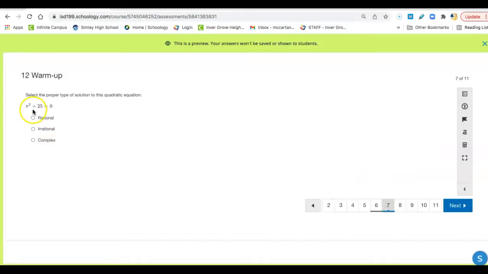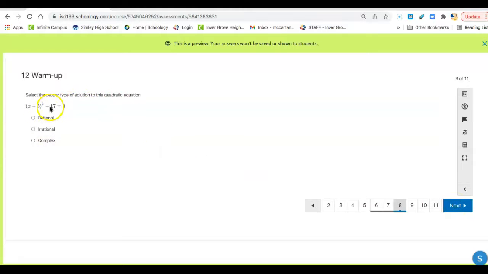All right, this one says +25. If I move it to the other side, it's -25. And even though 25 is a perfect square, I still am trying to take the square root of a negative number. It's complex. It's a non-real number. The solution is non-real.